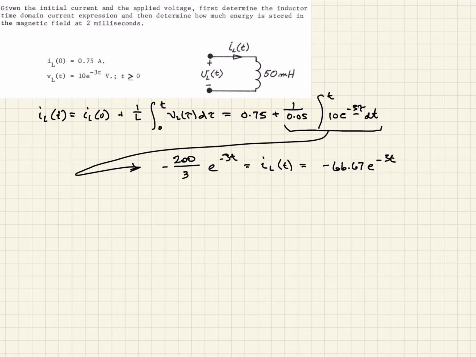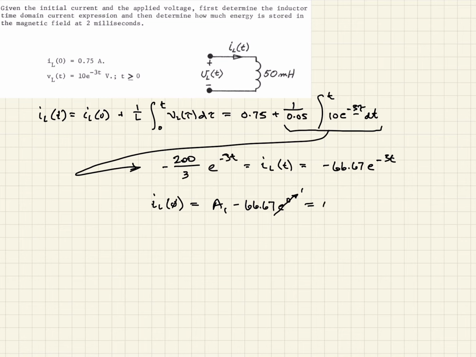Well, we know then also that I at L 0 is going to be equal to some constant, let's say A1, minus 66.67 e to the 0. E to the 0, though, is 1.